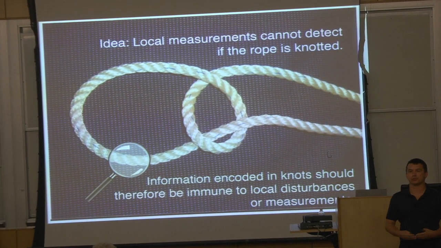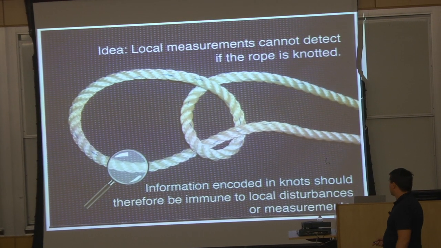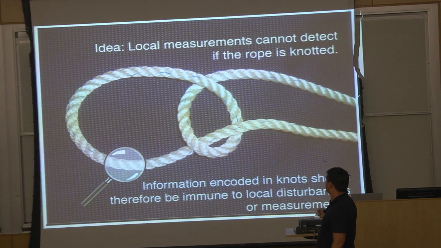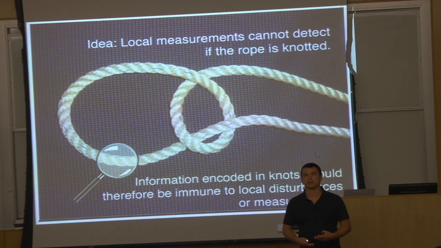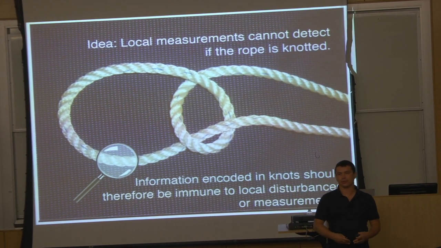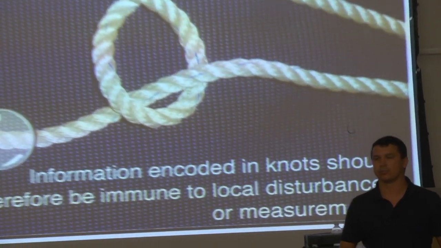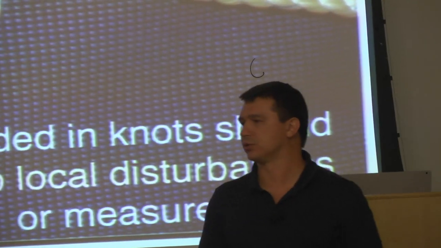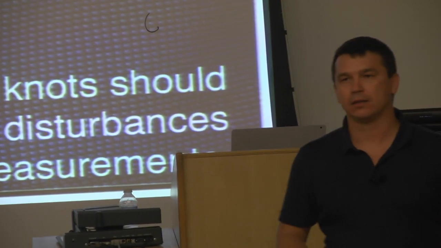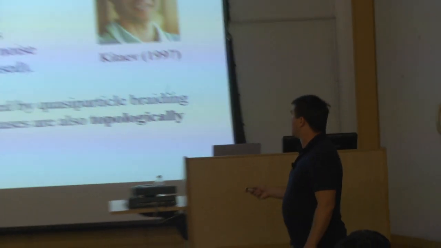It doesn't tell you that there is a knot in this rope. And if we encode information in the gross geometry of this manifold, in the fact that the system has knots or not, then noise, which predominantly acts locally, will not be able to disrupt or read off the information that's encoded in the system. So that's, in a nutshell, the idea.